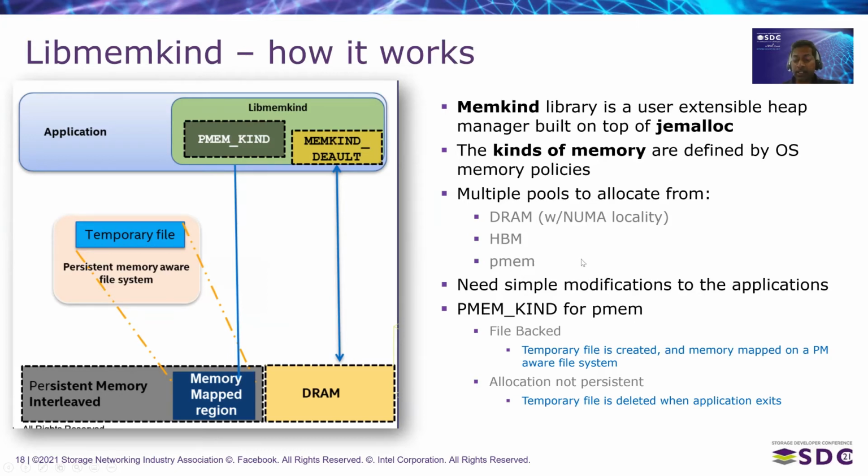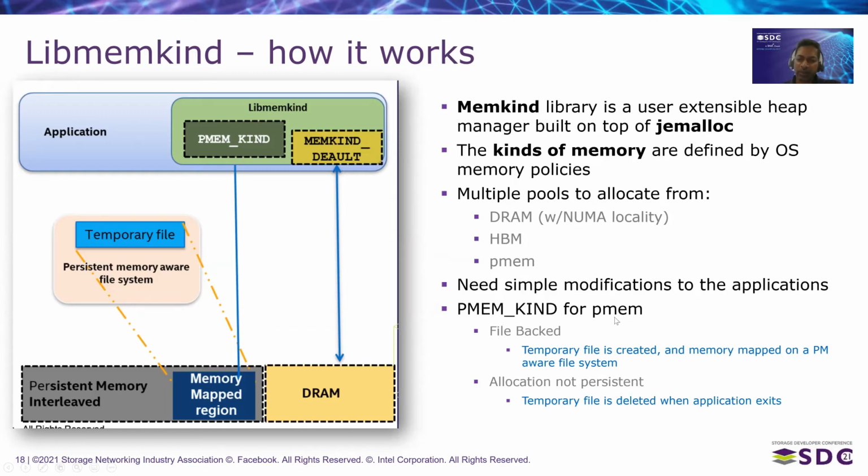You essentially can have multiple pools of memory, and then you can manage the tiering on top of the Memkind library in your application, whether it's DRAM or high bandwidth memory or persistent memory or CXL attached memory. You can have multiple pools and manage the tiering, and you can implement very sophisticated policies in the application and then consume it that way.